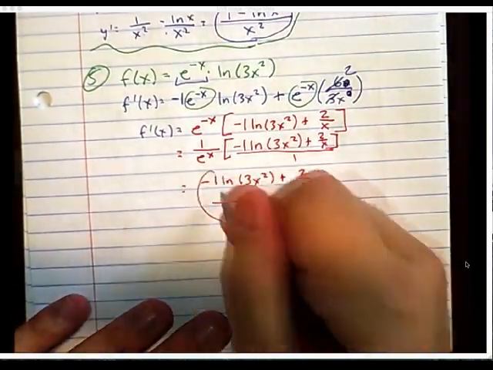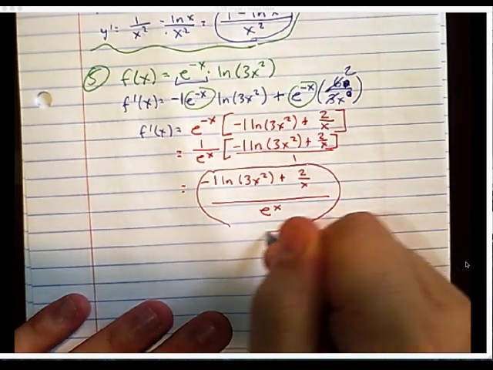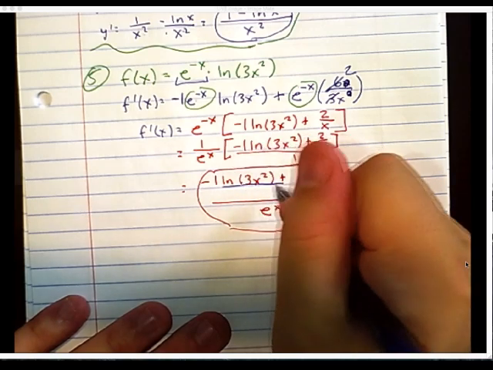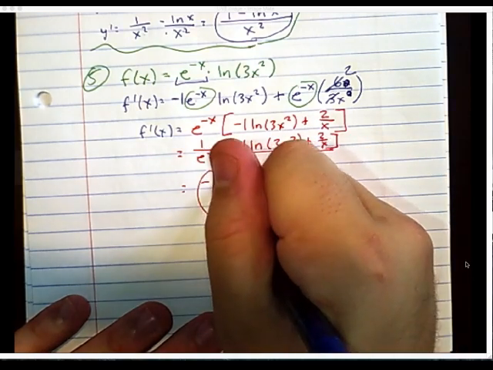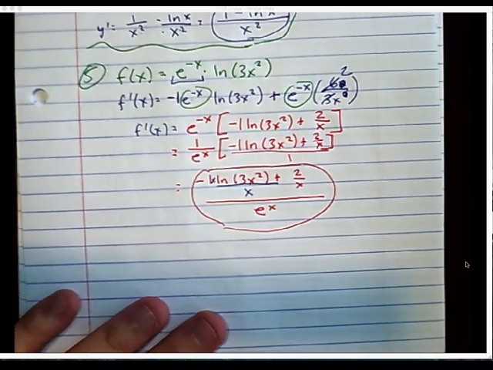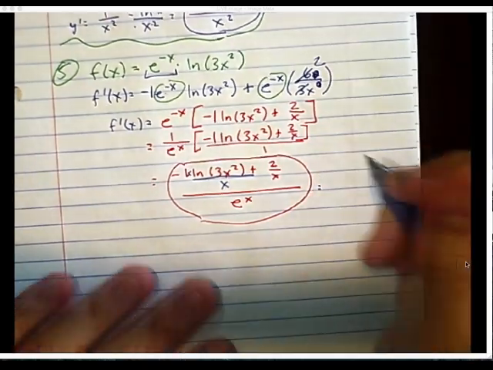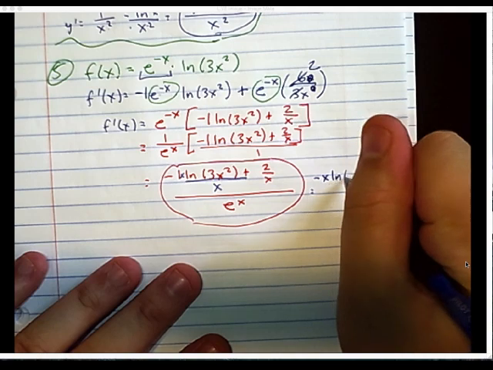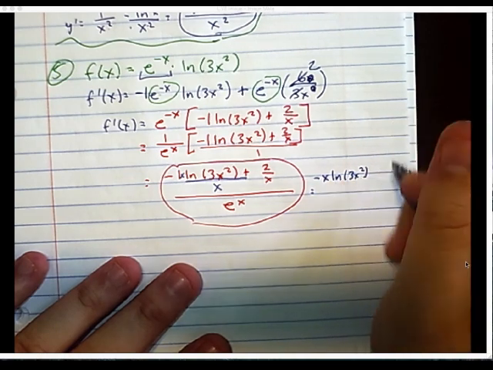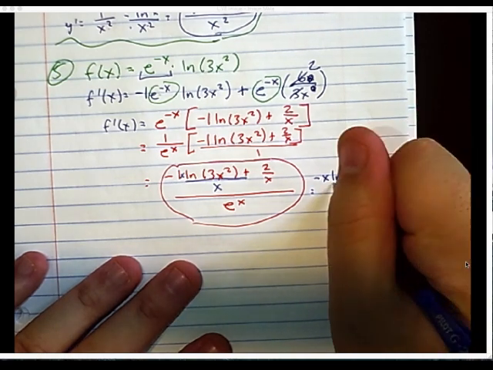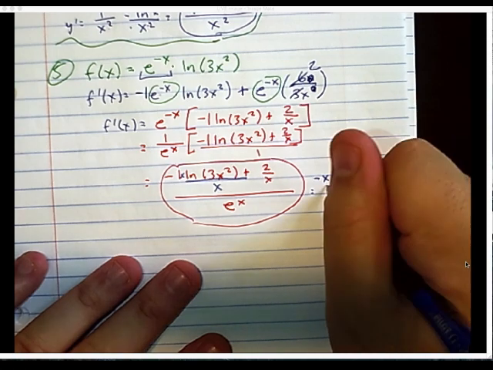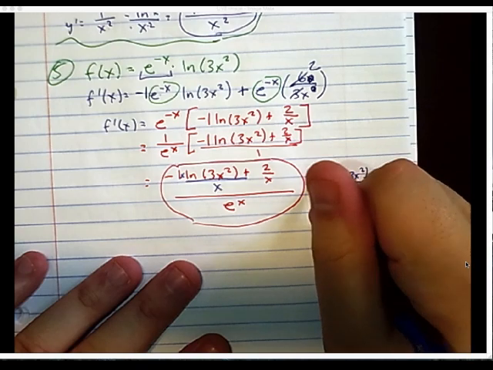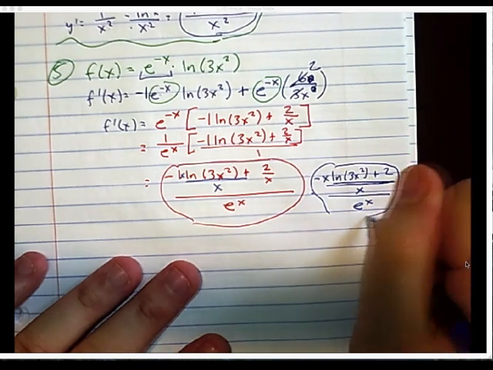You can write the answer like that. Or you could even mess around and get a common denominator in the front. You can multiply both of these by x over x. And if you did that, you would have a negative x ln of 3x squared plus 2 over x, all over x, over e to the x. So you could write the answer like this.